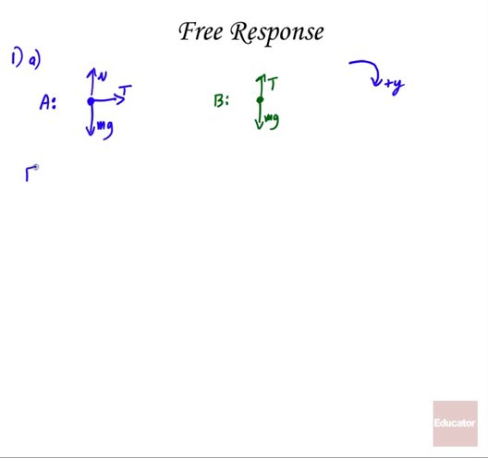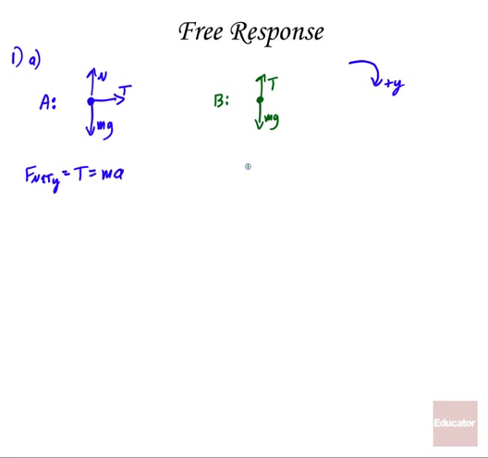So Newton's second law in the y direction for A is going to have T going in that direction, and that's just going to be equal to mass A, which is m, times its acceleration a.